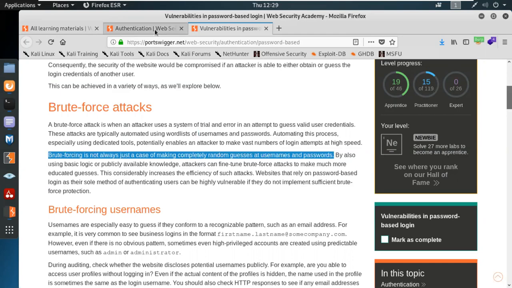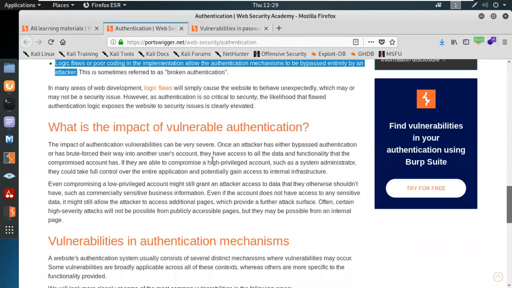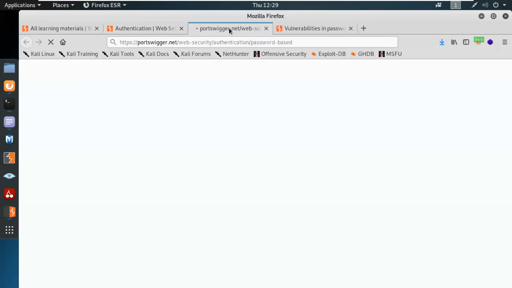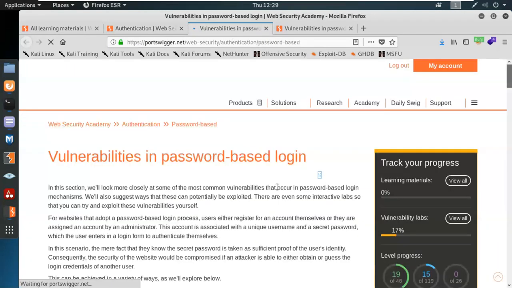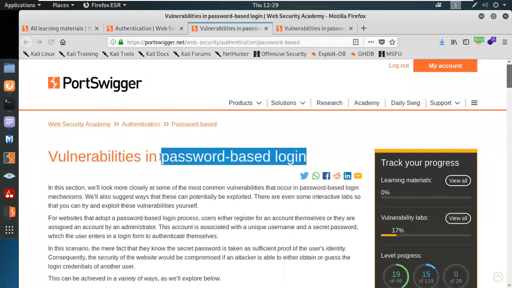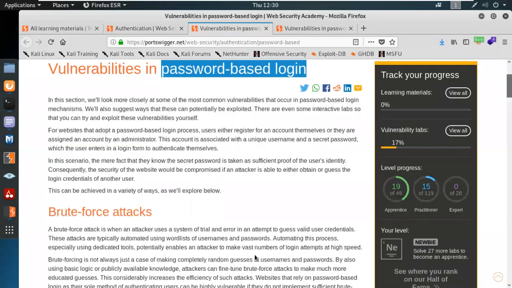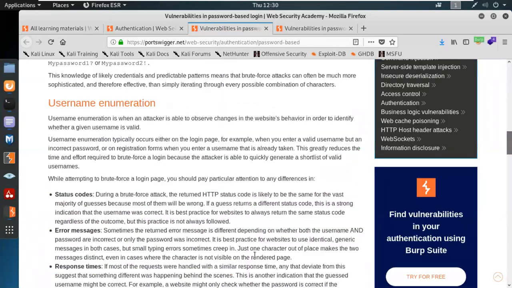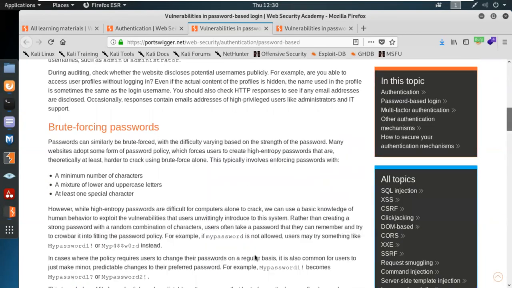So let's try one of the attacks; we're going to talk about it in the later part. Let's start with the first thing: vulnerabilities in password-based login, and brute forcing.